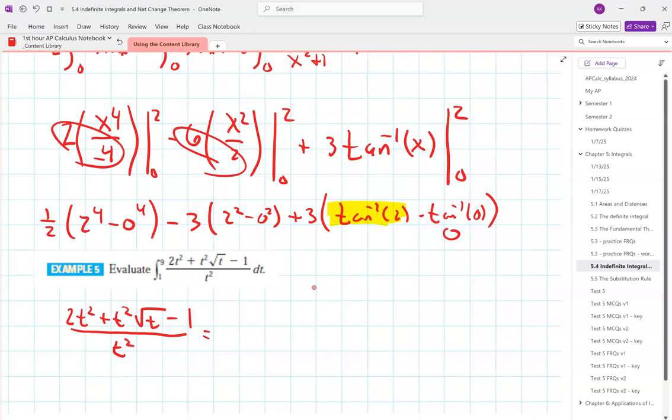So the fraction is the issue, right? So what I would do is I would just rewrite this as 3 fractions. Oops, I wrote 2t down there. With a common denominator.